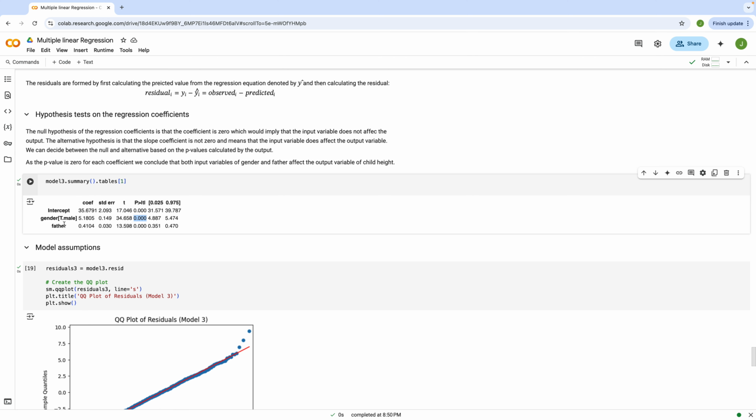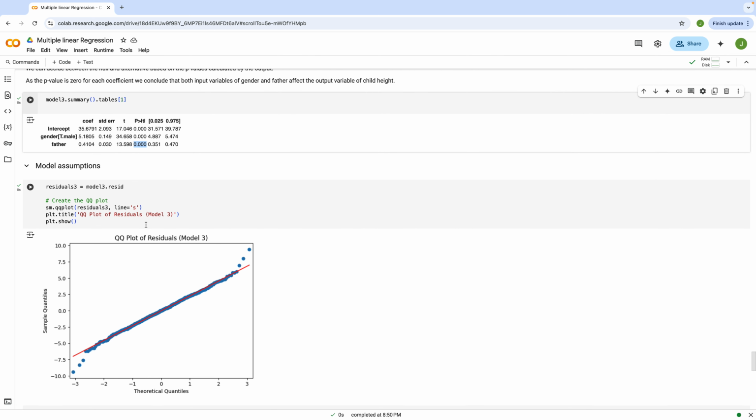So for each regression coefficient, we know that it affects the output of son or daughter height, meaning I know that both of these variables should be included in the model because of the p-values of each. If the p-value was like 0.2, 0.12, 0.15, that would be an indicator you might want to remove that variable from the regression model. But we don't have that case.